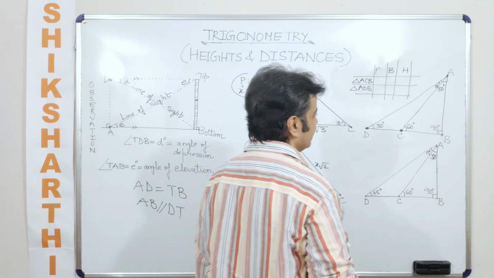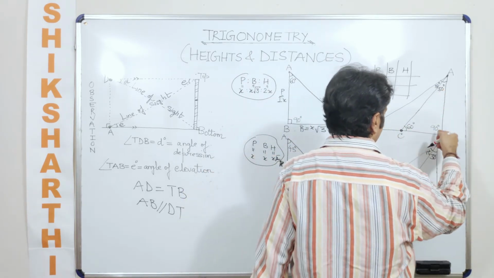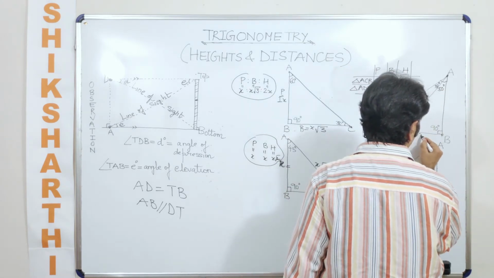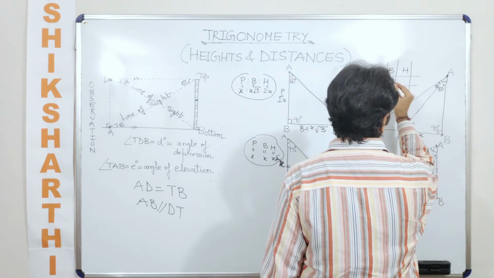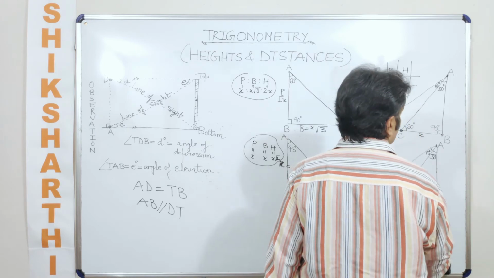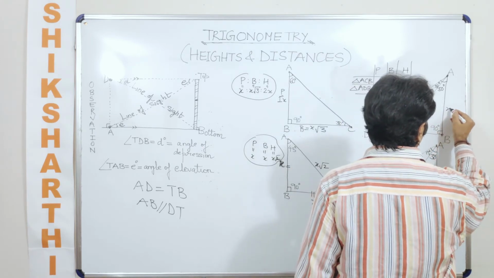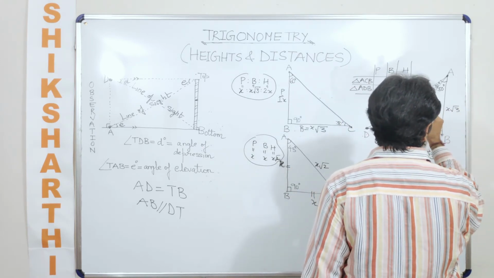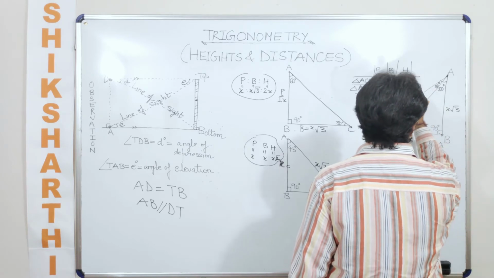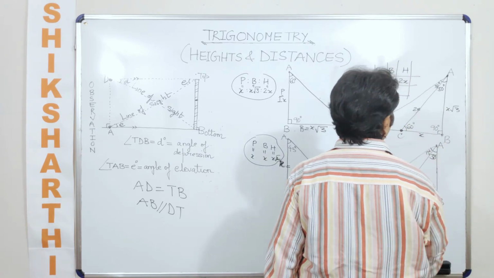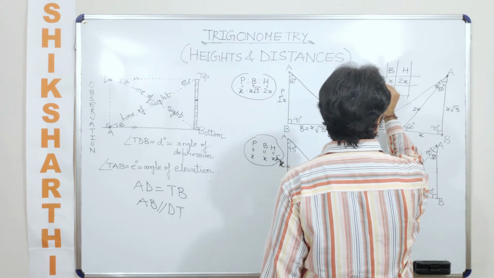So in triangle ACB, I know this is 30, 60, 90. So the side opposite to 30 degrees, if it is X, which is the base here, then the perpendicular becomes X root 3 and the hypotenuse, which is AC, becomes 2X.